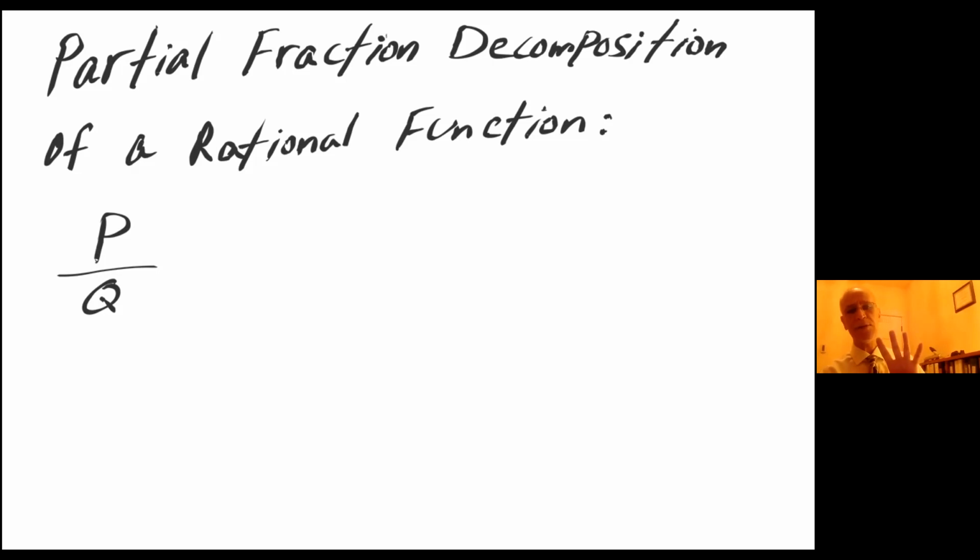There are 4 distinct cases that we know for partial fraction decomposition. And in this video, I want to talk to you about case 1, and I'll do more videos for other cases.